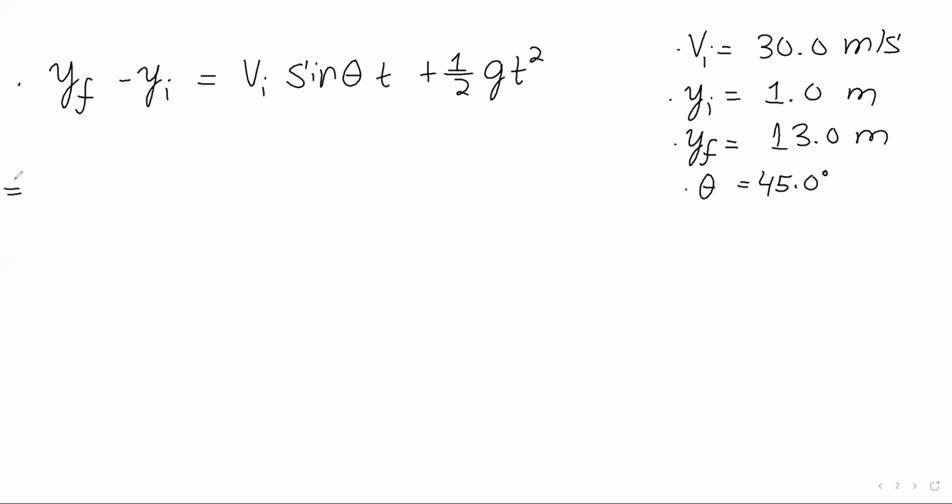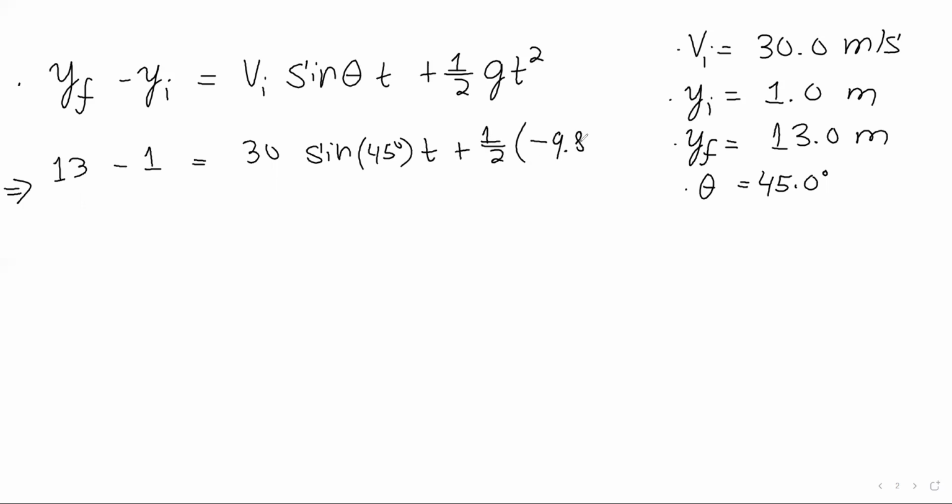So you plug in 13 minus y initial, which is 1, equals 30 sine of 45 degrees times t plus 1/2 g, negative 9.8, times t squared.